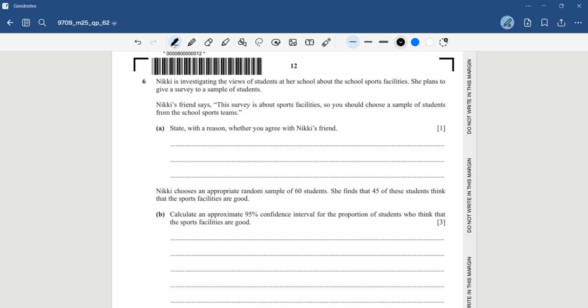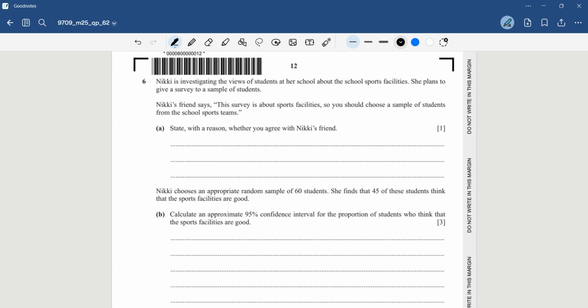Okay, for question number 6, Nikki is investigating the views of students at her school about the school sport facilities. If she planned to give a survey to a sample of students, Nikki's friend said this survey is about sport facilities, so you should choose a sample of students from the sports school team. State with reason whether you agree with Nikki's friend or not.